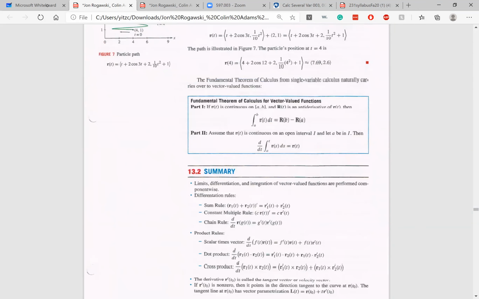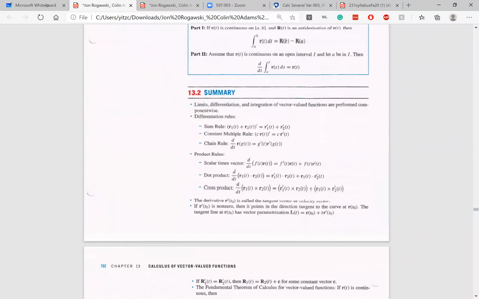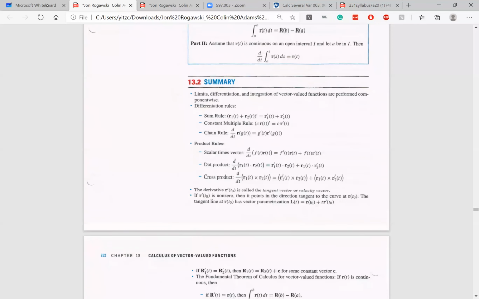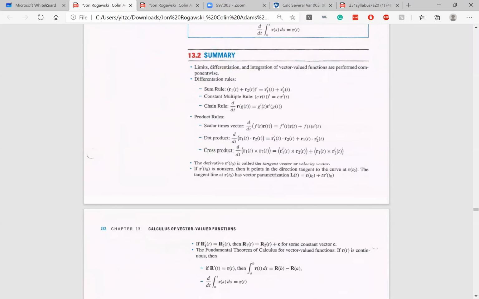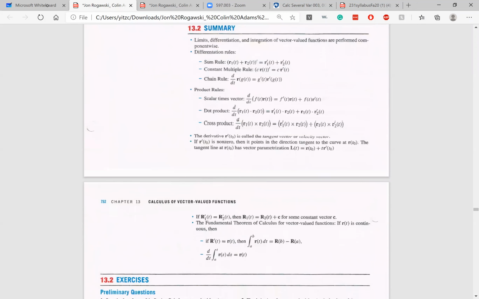So in summary, we have the sum rule for derivatives that we looked at. You take out the constant, you have the chain rule, you have the product rule for a scalar valued function, the product rule for the dot product, and then the cross product rule.